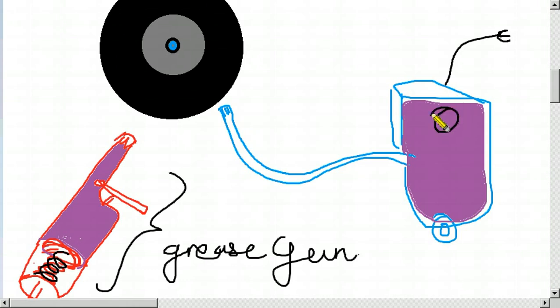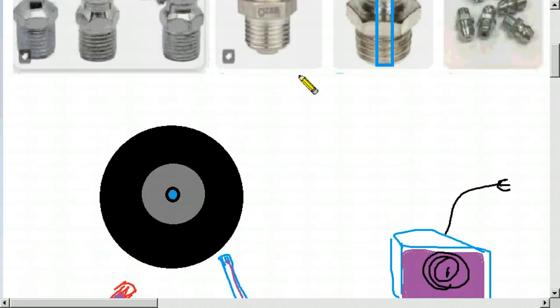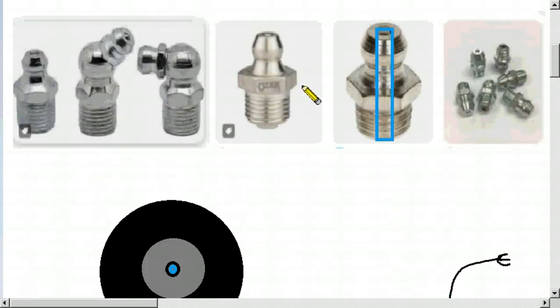When we plug the wire into the main supply, the grease is forced by this motor pump along this hose. When we connect this hose to the nipple here, grease goes into the mechanism of the tire. That is the function of this grease nipple.